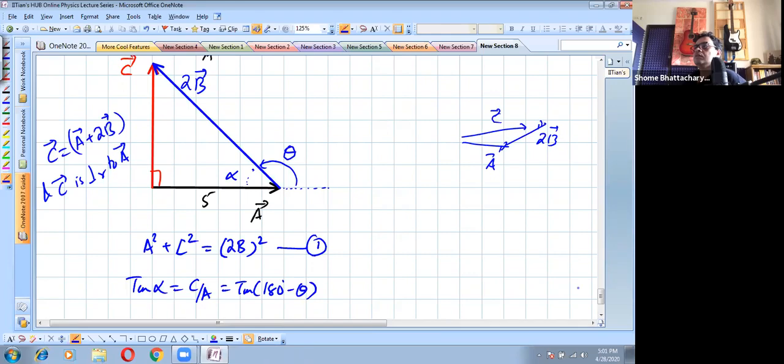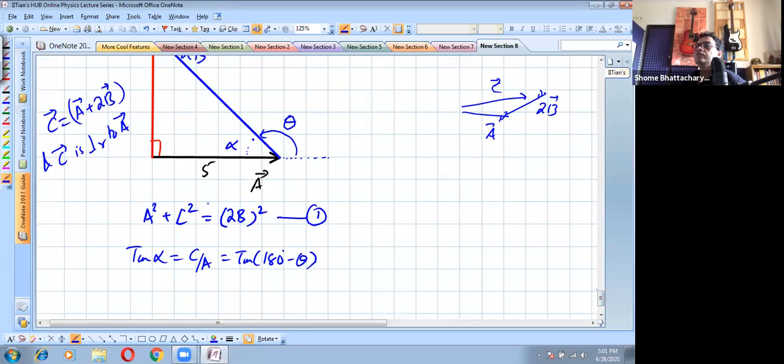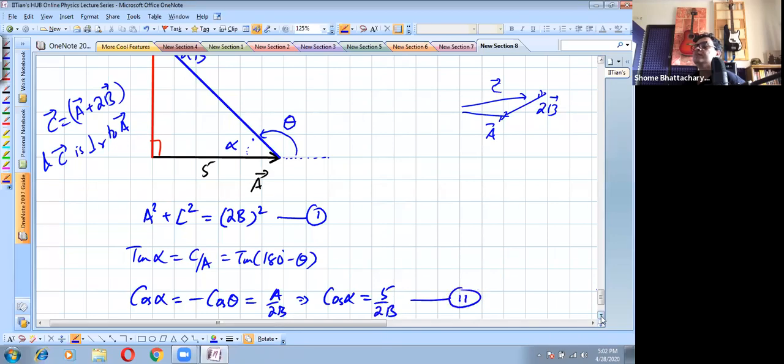But it is better here that we involve A and B. So rather than this, what I would say is that cos alpha, which is minus cos theta, because it's like this, is equal to A by 2B. So one thing is known in this, A's value is known. So we know cos alpha in this triangle should be equal to 5 by 2B. So that is the second information that I'm getting from this triangle.